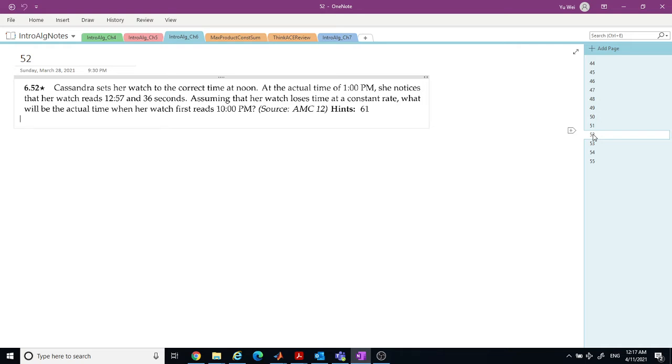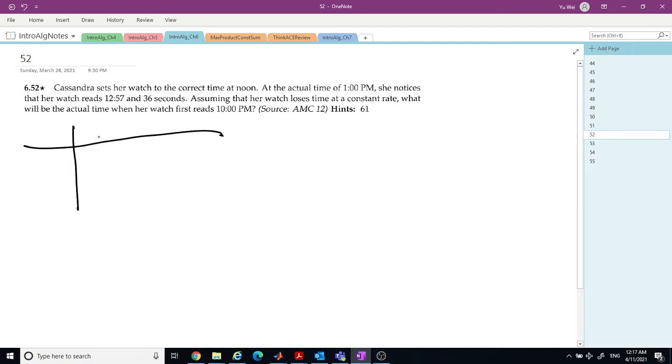So 6.52. At the beginning, she set her watch to the correct time at noon. So there are two times: one is called the true time, the other is called the read time. At 12 o'clock noon they are the same.